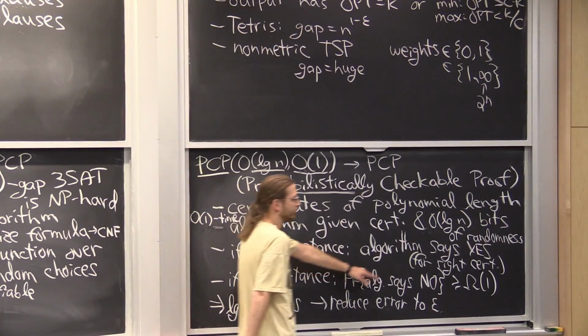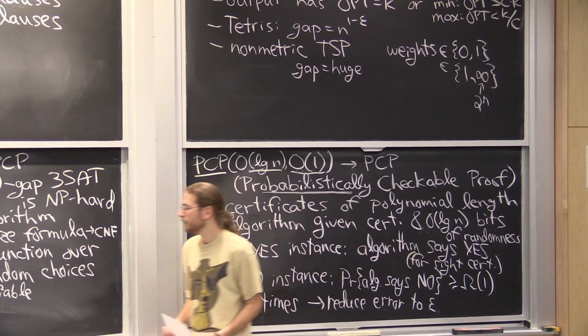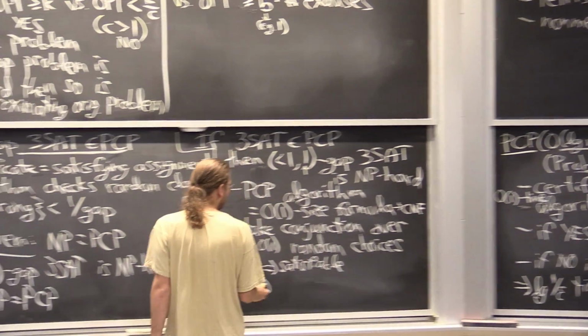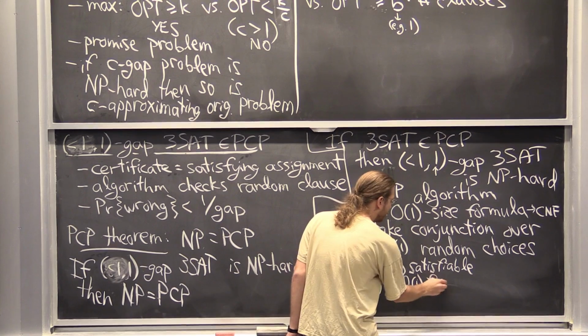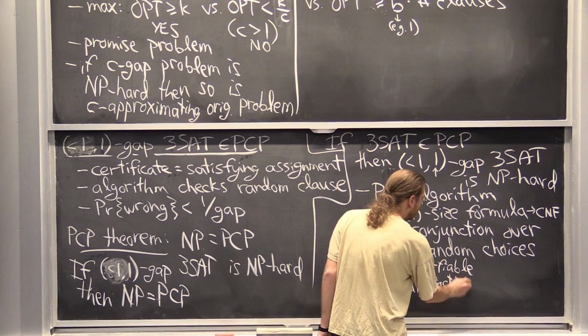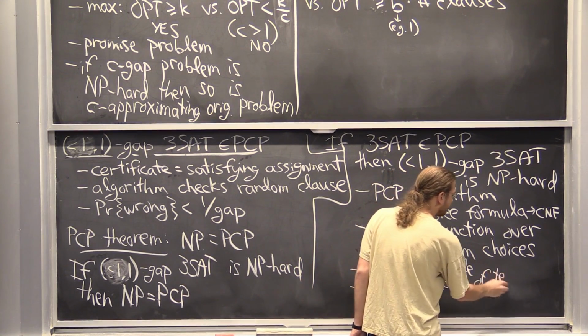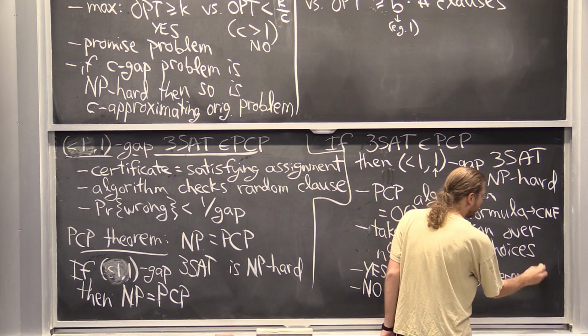That's what probability algorithm saying no means. So let's say a constant fraction of the terms are false.